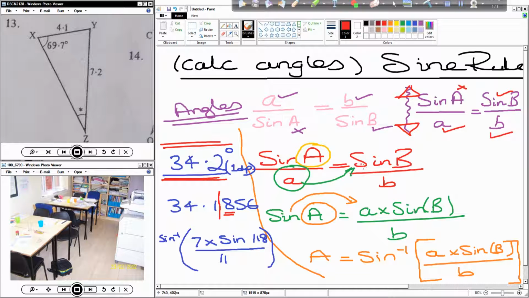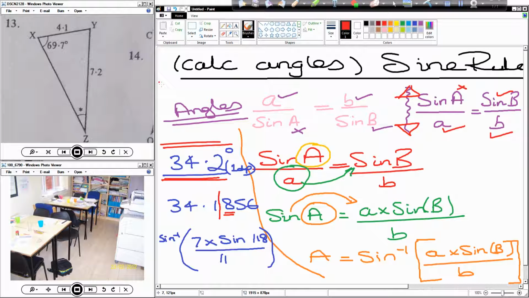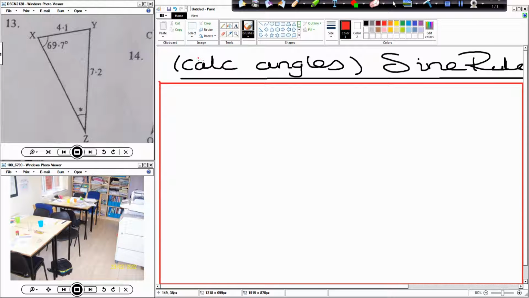Wow, lots of above here. So here's our next question to do with angles.